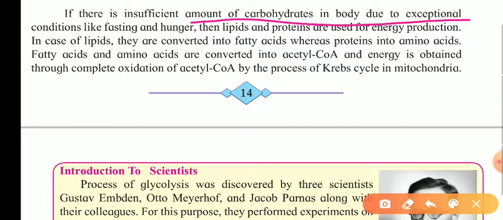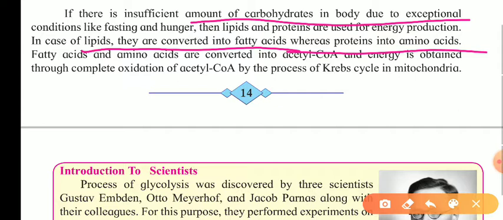Then the lipids and the proteins which are present in the body are consumed or used for energy production. Lipids are converted into fatty acids, whereas proteins are converted into amino acids.